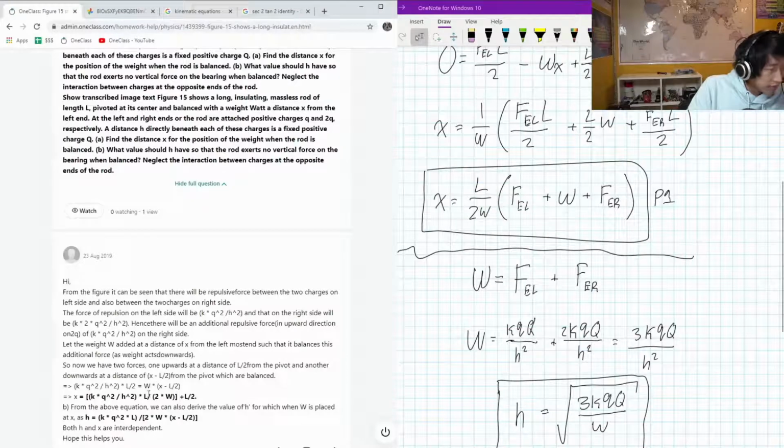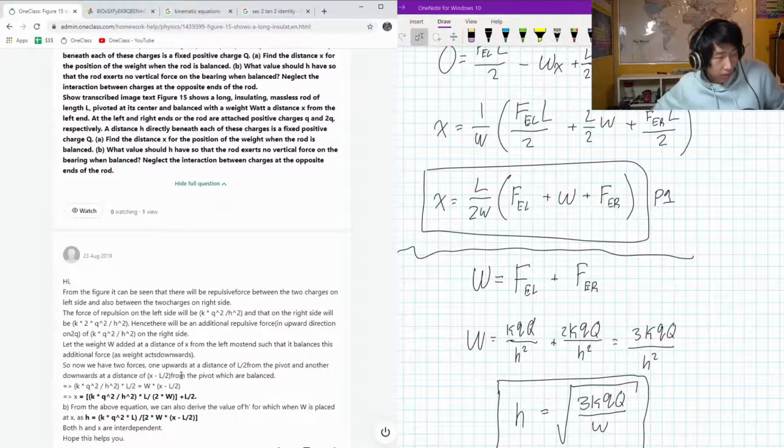So here we have is equal to K Q squared over h to the power of 2 times L over 2W. Looks fairly reasonable. And for the other one, this process actually would be better to do with moments.